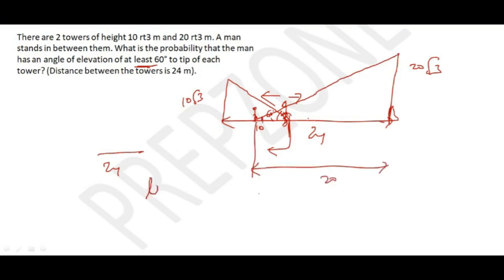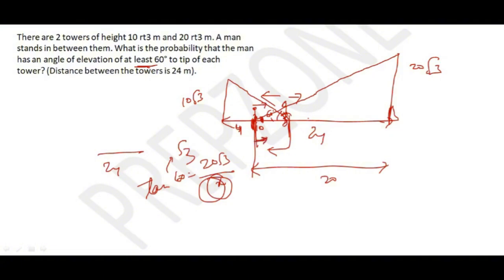Why? Because again, tan 60 is equal to 20√3 by x. tan 60 is nothing but √3. So x should be equal to 20. So if this should be at least 20, if this is 20, the leftover distance is 4. Now, which means because this angle should be at least 60, this guy can only move towards the right of it. So he can only move from here to right.